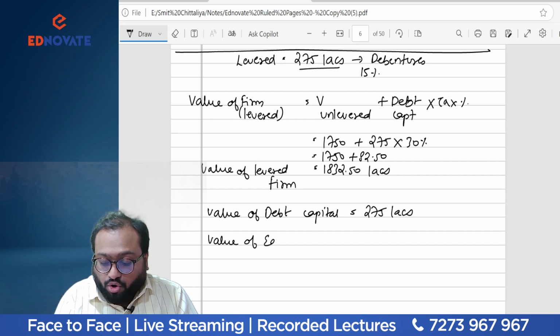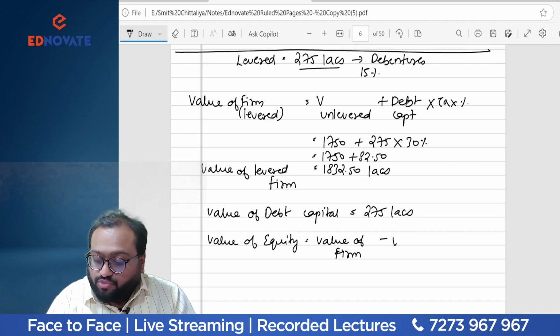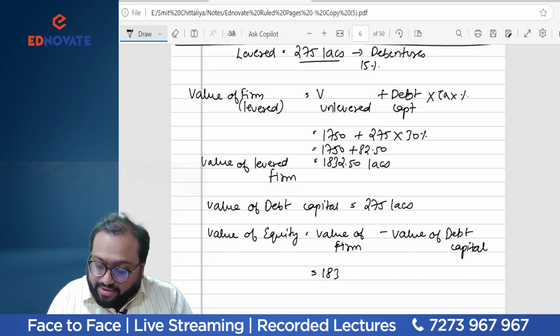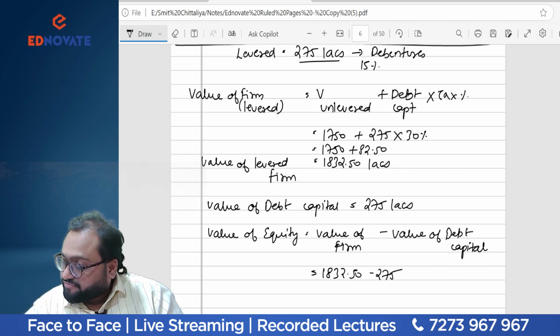And if I'm not wrong, the value of equity will be value of firm minus value of debt capital. So it will be 1832.5 minus 275.